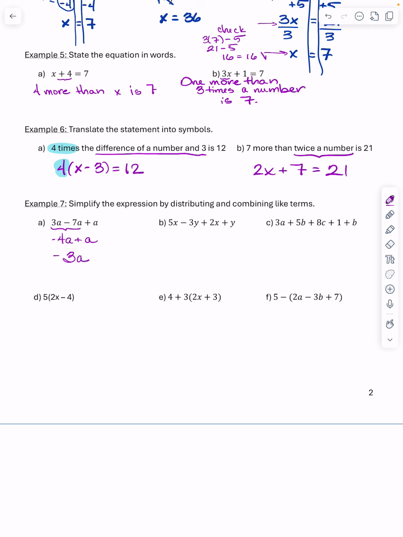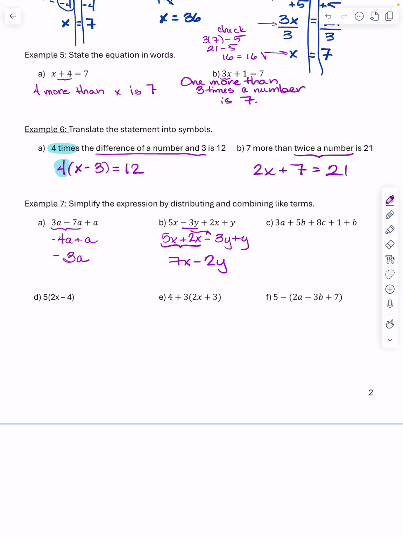5x minus 3y plus 2x plus y. I can only combine things that are the same. So I am going to move these around so my x's are together and my y's are together. Notice this negative in front of the 3y goes with it. I got 5x plus 2x, which is 7x, minus 3y plus y, minus 2y.